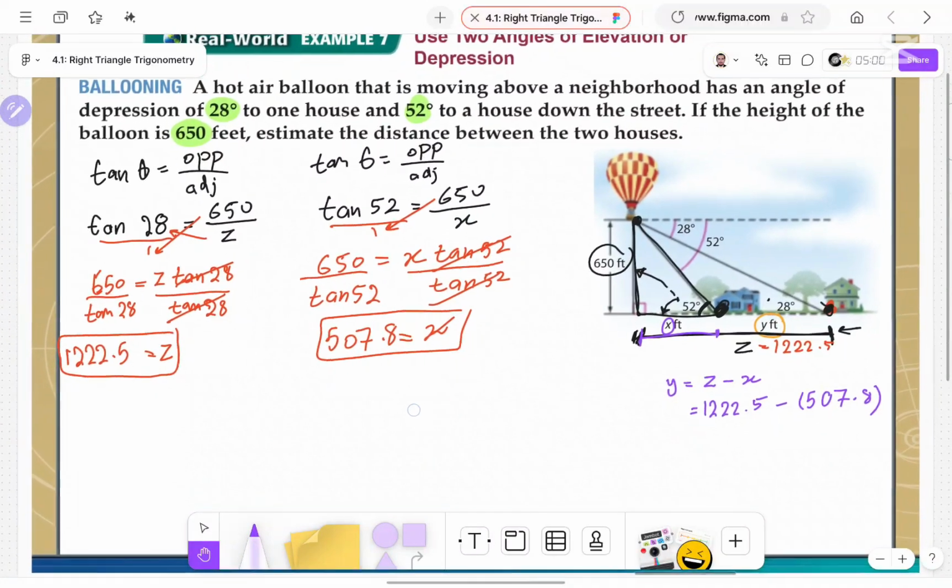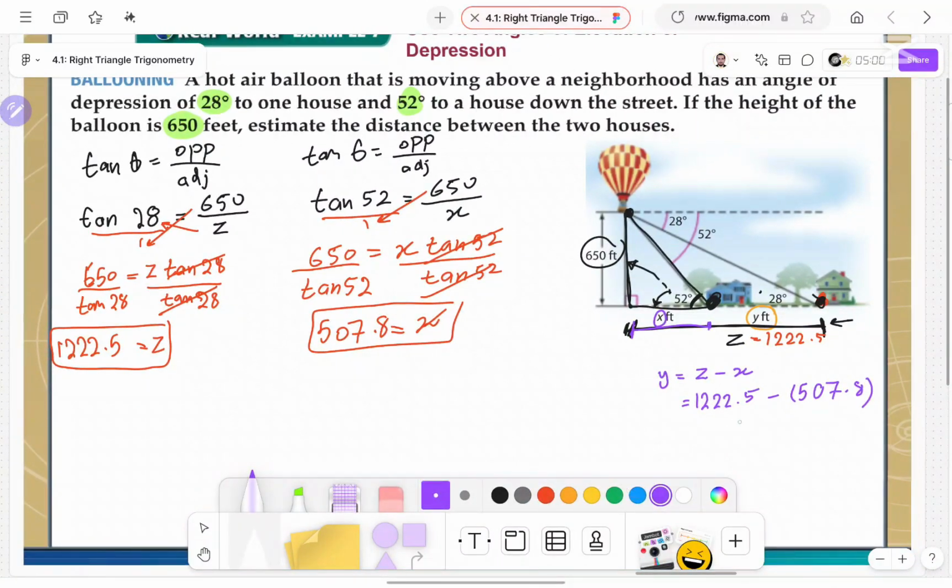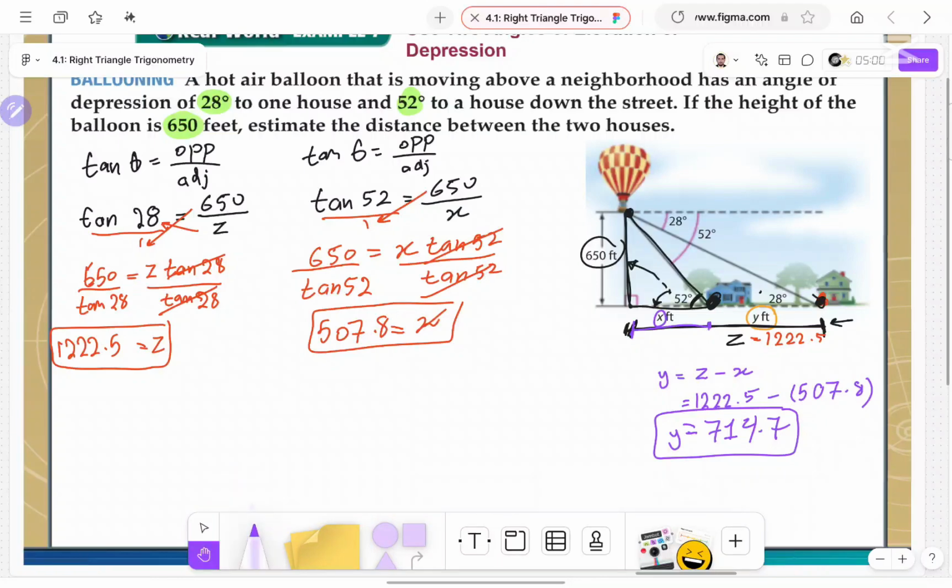Now if I subtract, 1222.5 minus 507.8 is equal to 714.7. So now I found y, which is equal to 714.7. Okay, I hope you understand this.